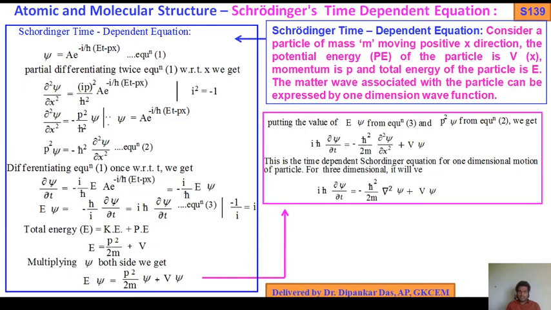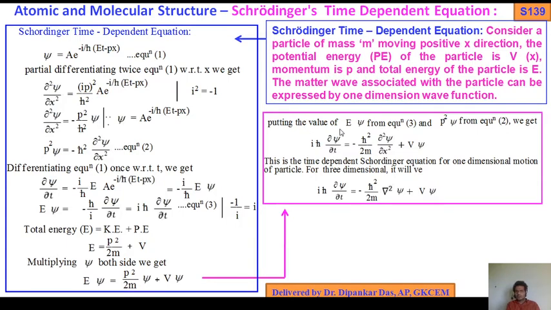Now putting the value of E psi from equation 3, E psi is i h bar del psi by del t, and p square psi from equation 2, p square psi equals to minus h bar square del square psi by del x square.